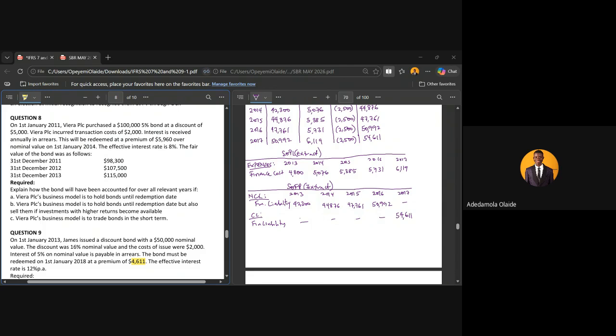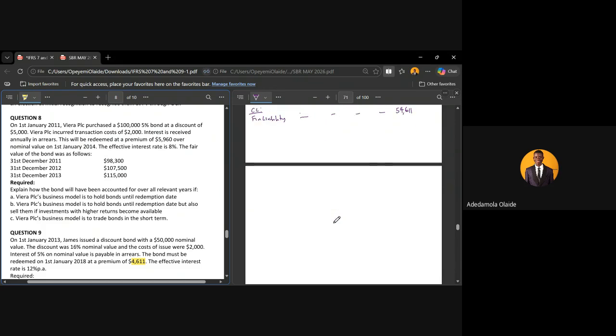So if you look at that question, the entity purchased the bond, so automatically it is a financial asset to the entity.